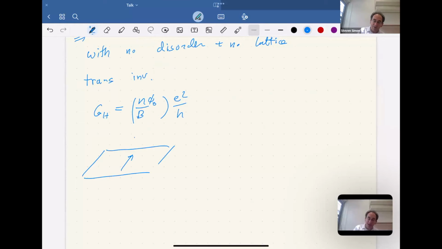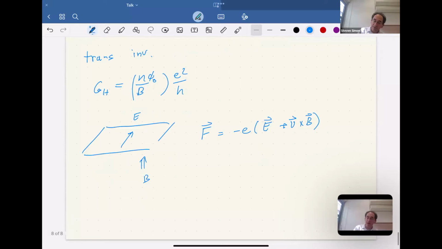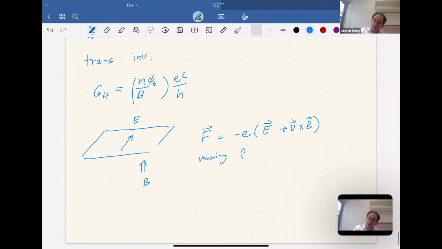Suppose I apply an electric field to my sample in a magnetic field like this. So I have an electric field in my sample. I have a magnetic field perpendicular to the plane of the sample. The force on any particle is the usual minus e times E plus v cross B. If I switch to a moving frame, let's put E in the y direction.